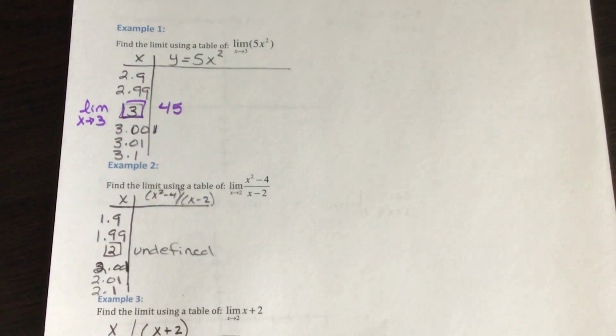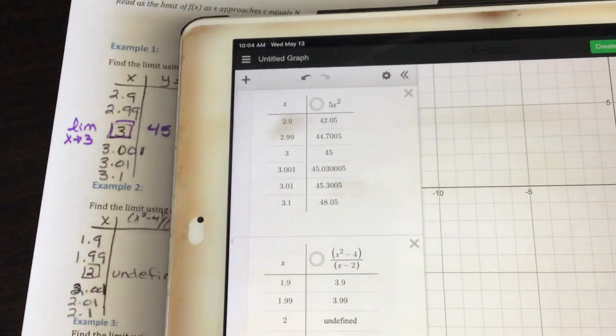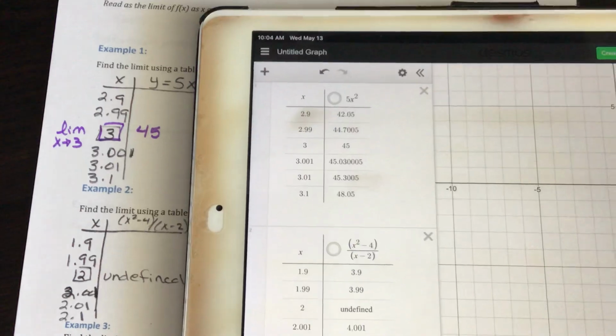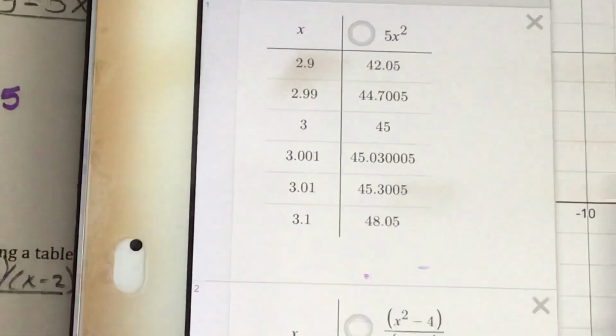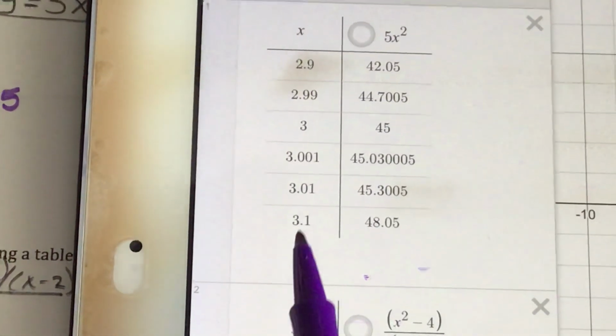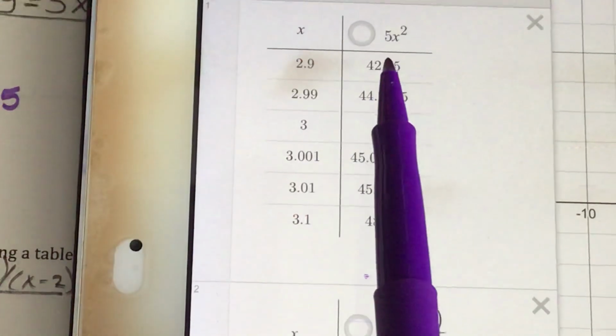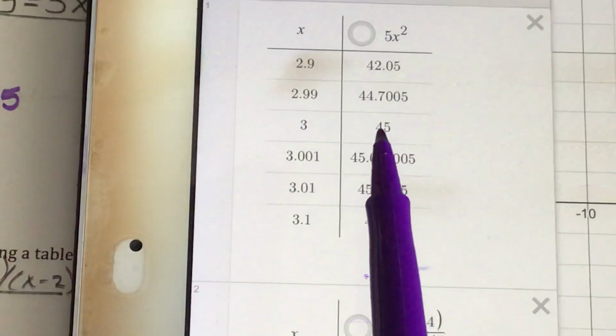So I created a table on Desmos, and again, I'm going to show you how to make the table. And I'm going to try and zoom in here. Here's our function, 5x squared. And here are those values that I put in here, and we're getting numbers that are close to 45.